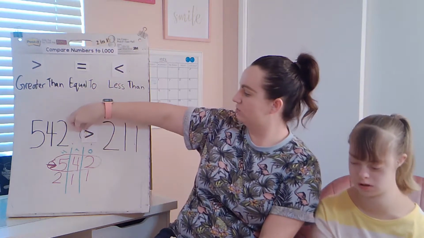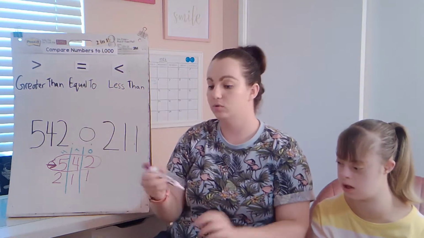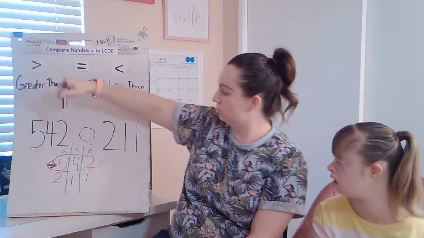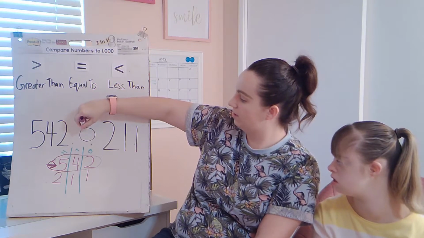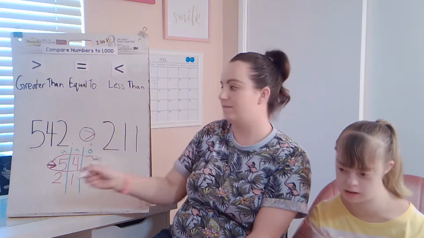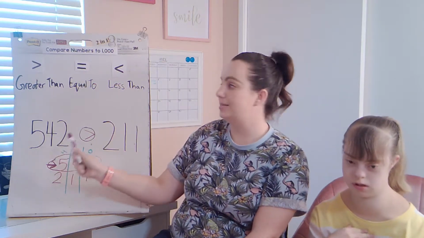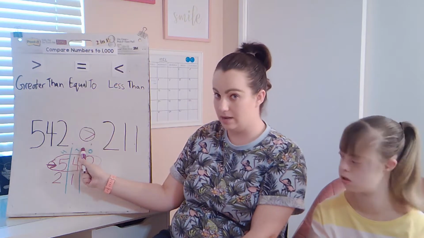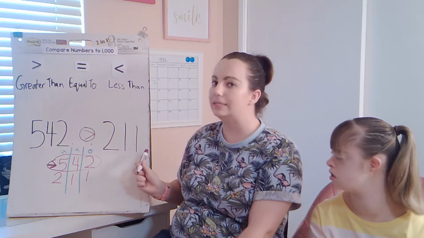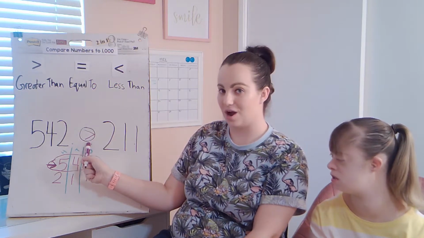And if you didn't already have a little alligator mouth ready to put on it, how you would write it, you do the mouth, you go, okay, mouth, big mouth towards it. And there you have, you'd read it as 542 is greater than 211. Ooh. Yes, nice job.